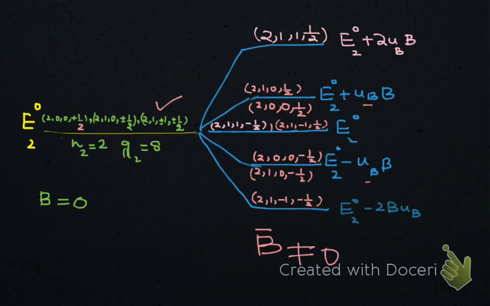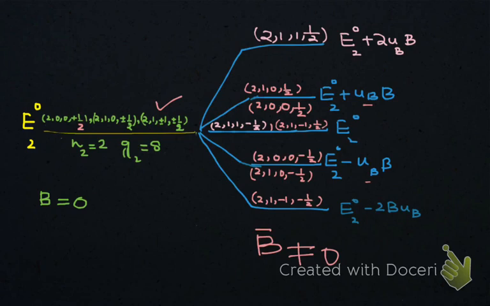So this is how the splitting of energy level n equal to 2 of a hydrogen atom when placed in strong field can be described or can happen. I hope you have understood this problem.